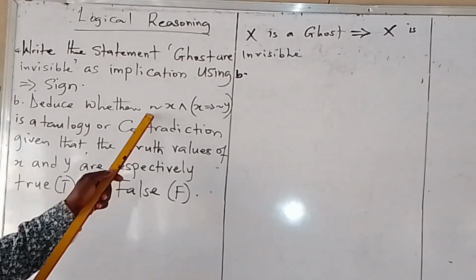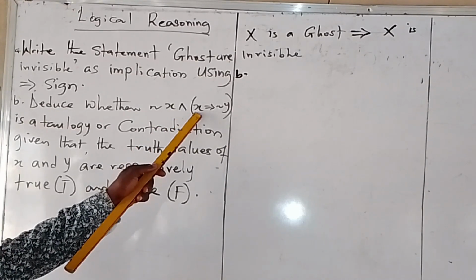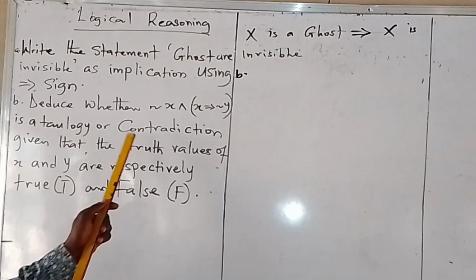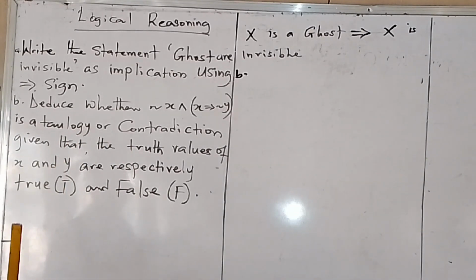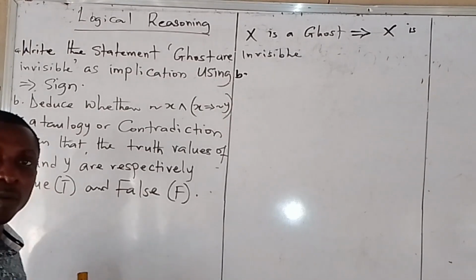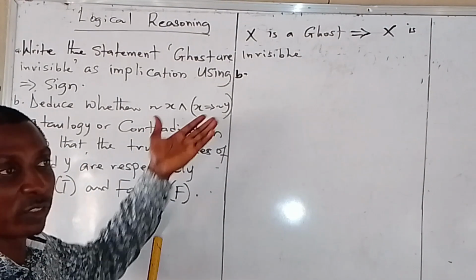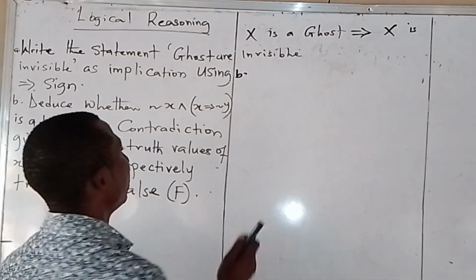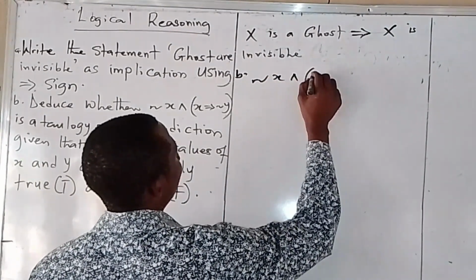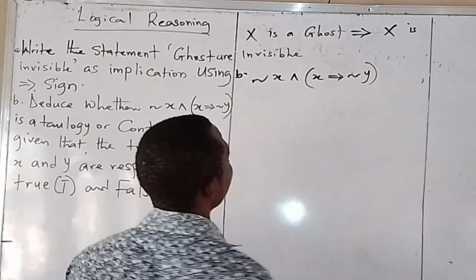Deduce whether the negation of x and x implies negation of y is a tautology or a contradiction. Alright, given that x and y are true and false. Now what we want to show is the truth value of this proposition. So let's write the proposition out: negation of x and x implies negation of y.